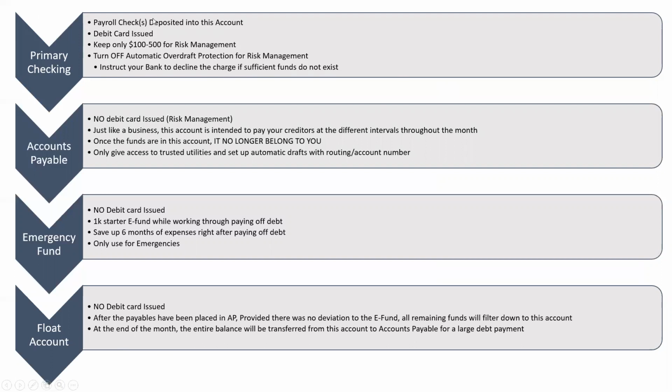When I get my payroll check up here, I pay my bills, I make sure that there was no deviation. If there was a deviation, like I had an emergency in which I had to borrow, let's say $200, I've got to put the $200 back. And then after everything's said and done, it goes down in the float account. And at the end of the month, once everything's there, I'll move it back up to accounts payable, where a large debt payment will then be made.